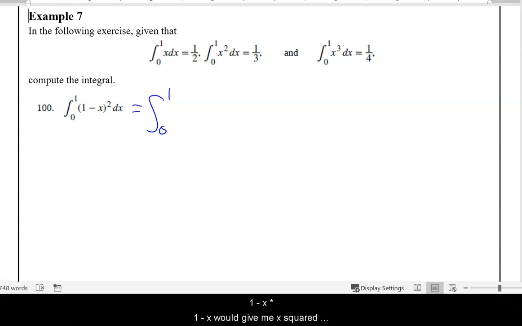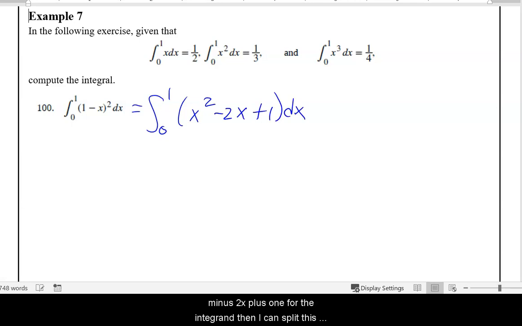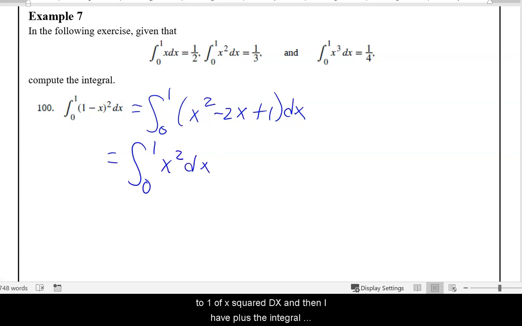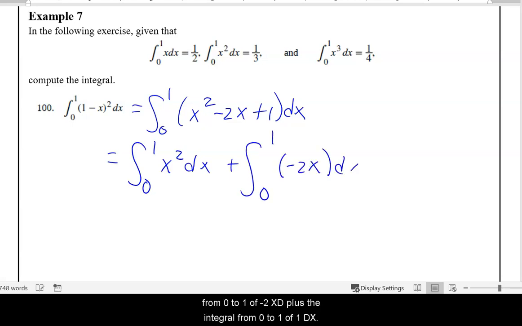1 minus x times 1 minus x would give me x squared minus 2x plus 1 for the integrand. Then I can split this up into 3 different integrals. The integral from 0 to 1 of x squared dx, and then I have plus the integral from 0 to 1 of negative 2x dx, plus the integral from 0 to 1 of 1 dx.